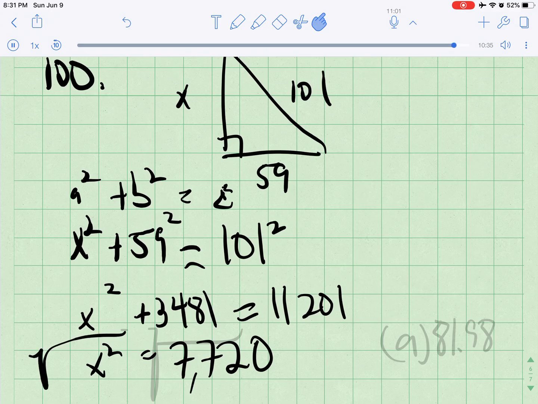But you got to take the square root of both sides. So that comes closest to choice A, which is 81.98. That one's a little ridiculous. Easy with a calculator, but without a calculator, you got to do some arithmetic, long multiplication, and figure out which one's the closest square root.